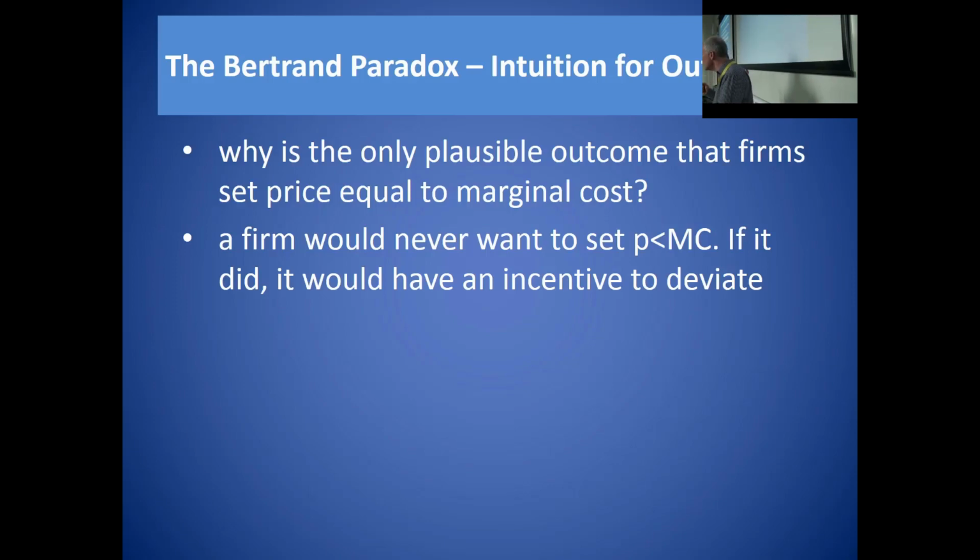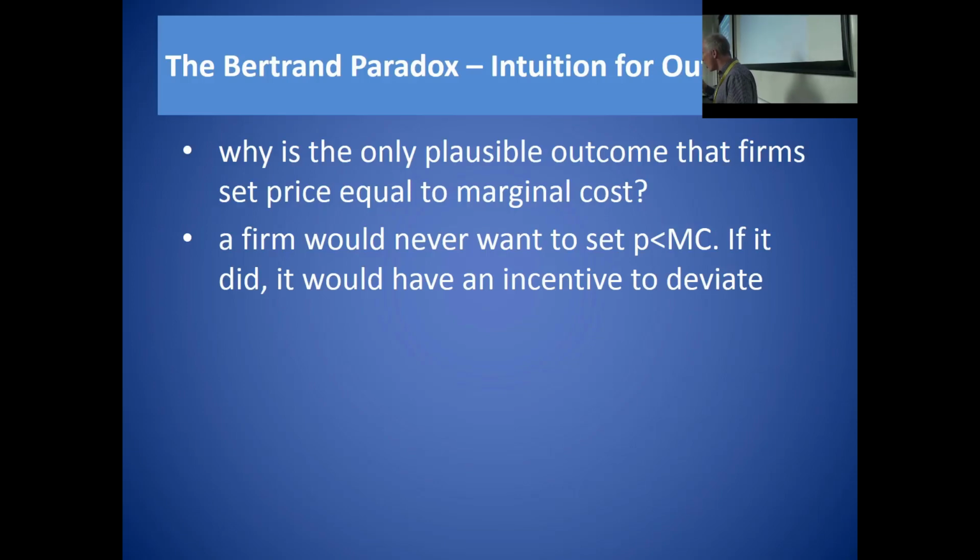Because if any firm did charge a price less than the marginal cost of production, it would have an incentive to increase its price, because by increasing its price, it would reduce its losses. So it will keep on doing that whenever the price is less than marginal cost.